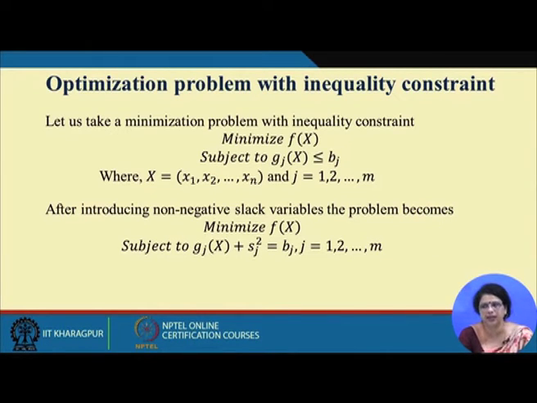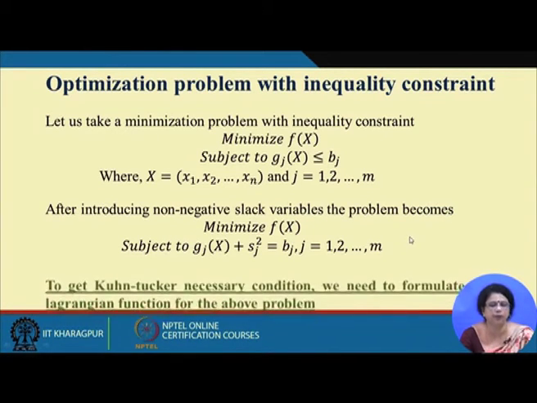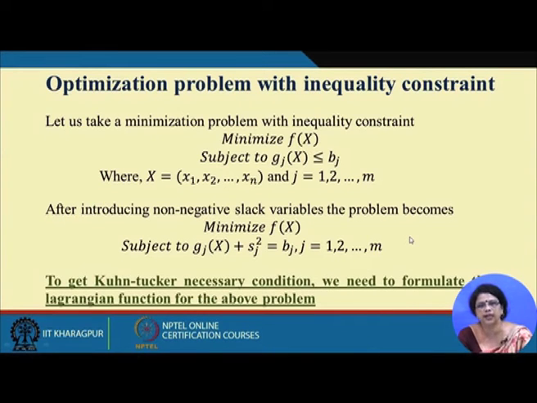We can construct the Lagrange function, we can introduce the Lagrange multiplier, etc. In that line, there is a well-known method called the Karush-Kuhn-Tucker condition. In short, we call it the KKT condition. There, we are extending the Lagrange theorem to inequality type constraints.